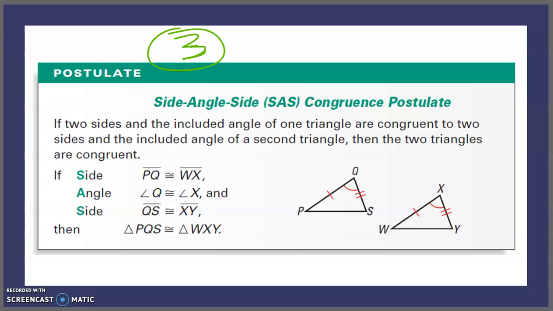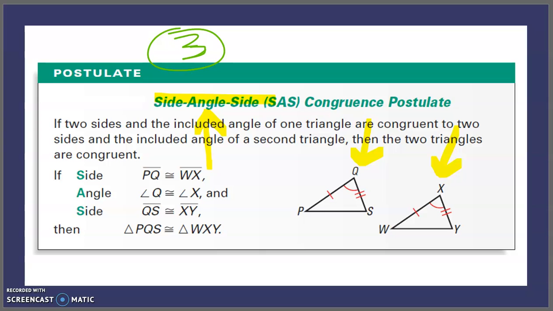Now, the one thing that I do want to mention is that the order of this matters. The angle that's congruent has to be in between the congruent sides. So if you notice, Q is in between the congruent sides, T is in between the congruent sides. So it has to be the angle in between the congruent sides in order to use this postulate.